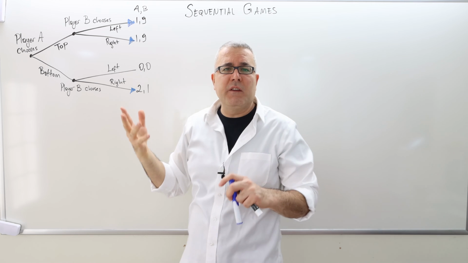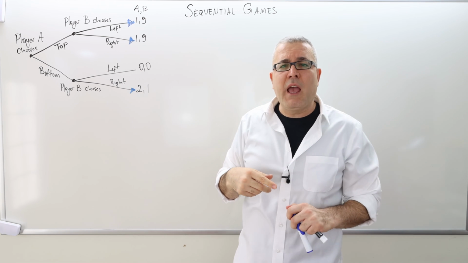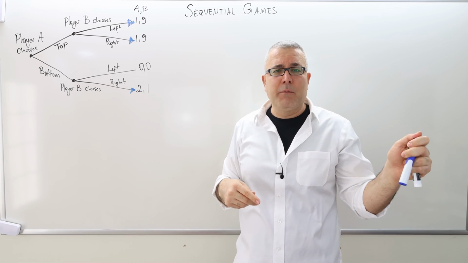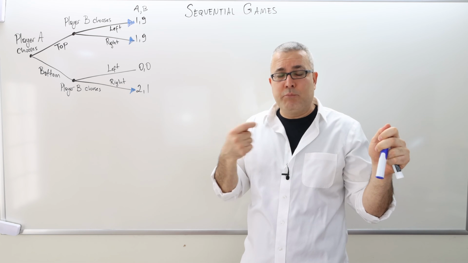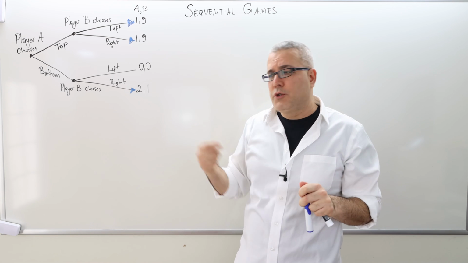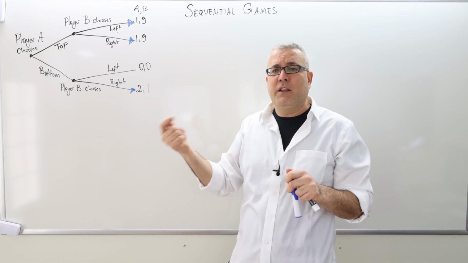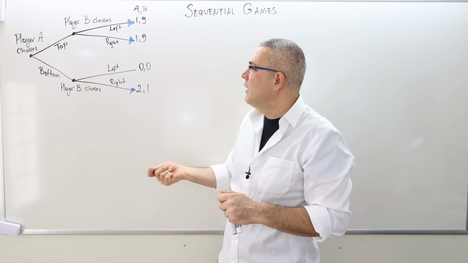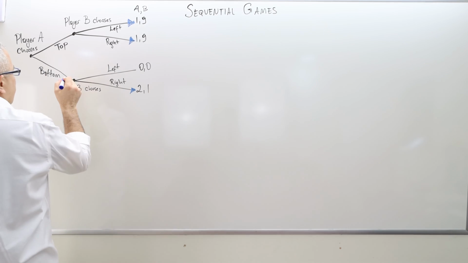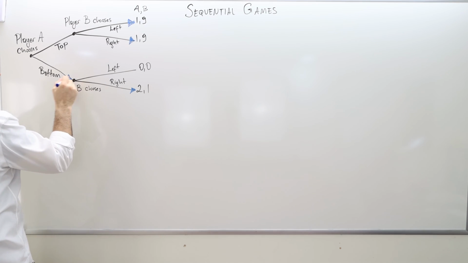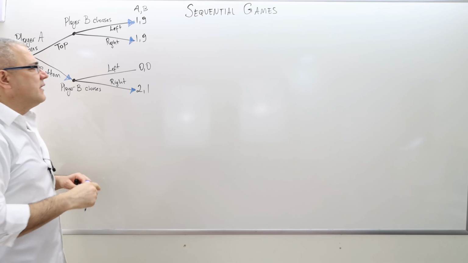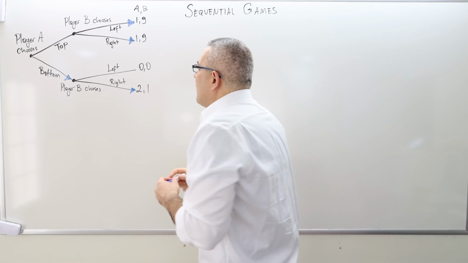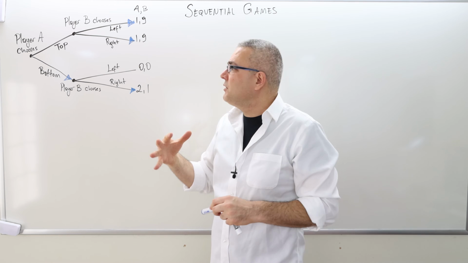So basically the choice for player A is whether to choose something that will bring her payoff 1, or something that will eventually bring her payoff 2. Obviously, she's going to go for the higher payoff. So player A should choose bottom, and hence get the payoff of 2. That's the solution.